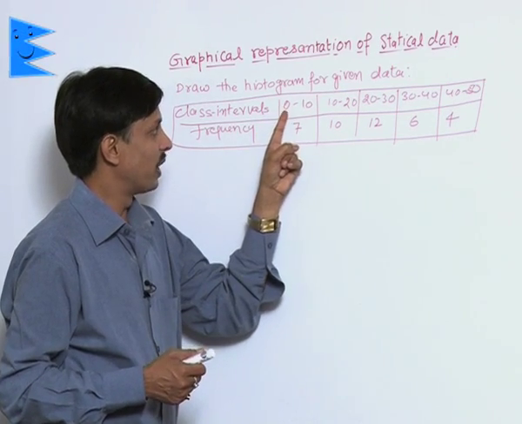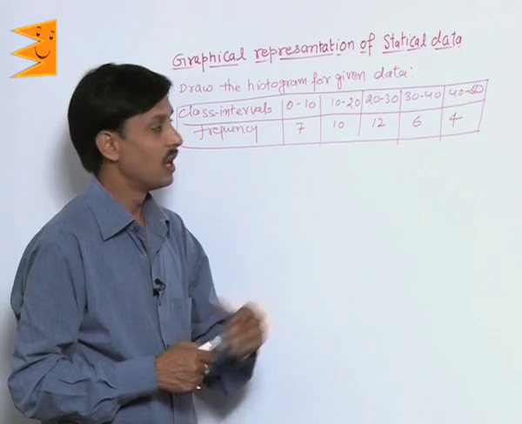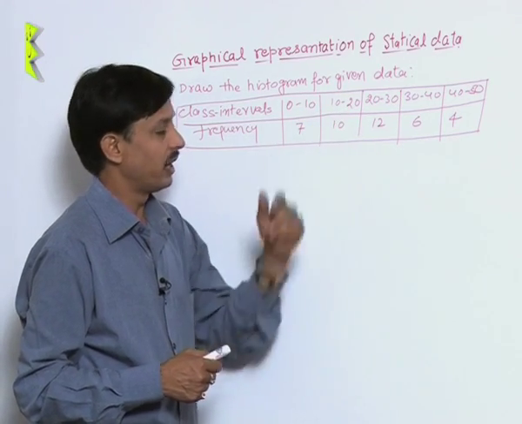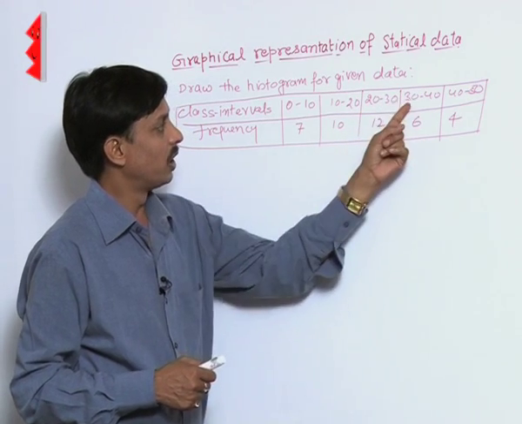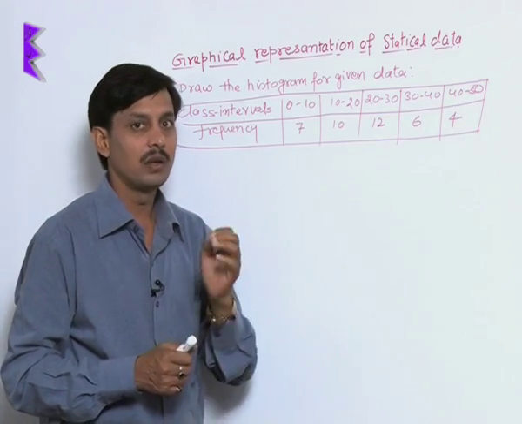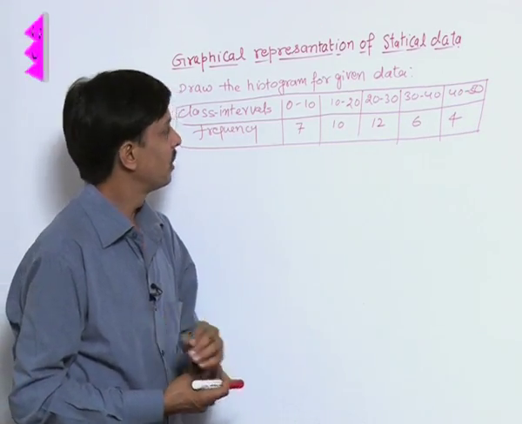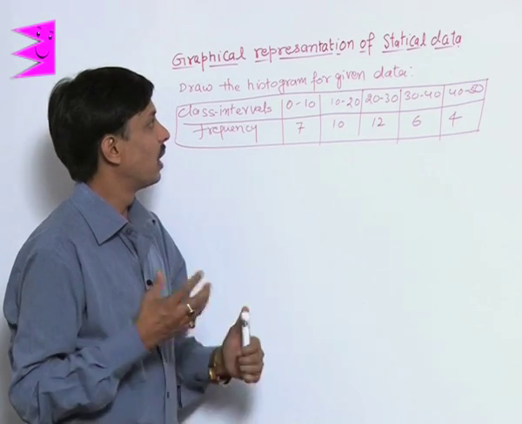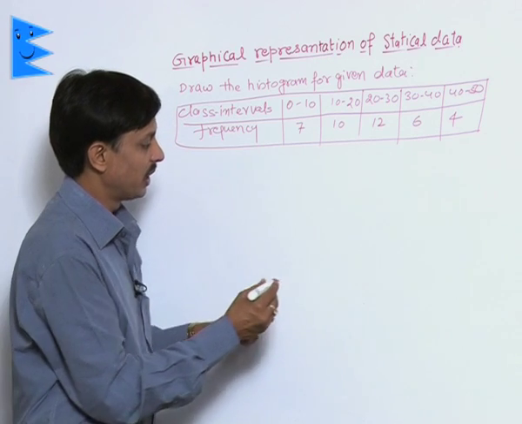Suppose the number of students who have scored marks between 0 and 10 is 7. 10 to 20 is 10. Marks between 20 to 30 is 12. 30 to 40 is 6. And 40 to 50 is 4.